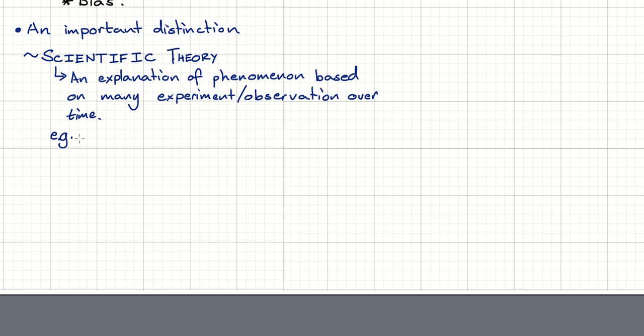Okay, EG, when we look at these, what I want you to remember with scientific theory, theory is the what, the "why", or how something occurs. So it's the explanation of what causes this thing to happen. So for example, and I'll wait till you guys catch up with this.